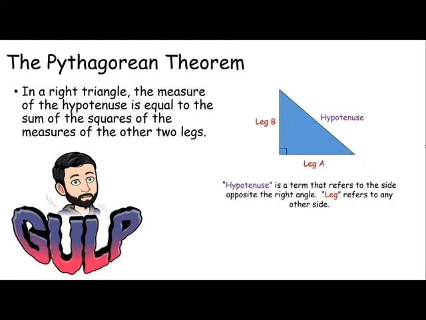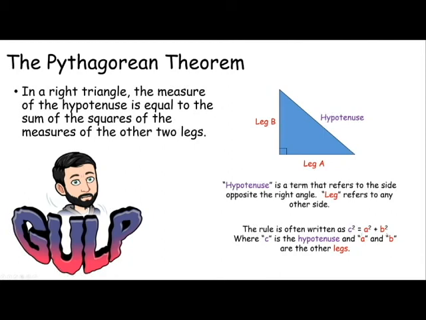So the hypotenuse is a term that refers to the side opposite the right angle. The leg refers to any of the other sides. So in fancy math symbolic writing, what we just said is written this way: c squared, or the hypotenuse squared, is equal to the first leg squared plus the second leg squared.